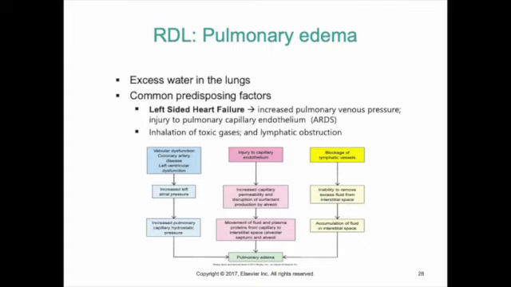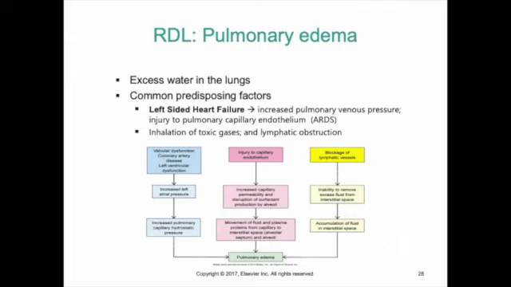We want to keep it dry, and it's kept dry by our lymphatic drainage and the balance among our capillary hydrostatic pressure, our capillary oncotic pressure, and capillary permeability itself. Additionally, we have surfactant that lines the alveoli, which repels water. It keeps the alveoli open, but it also keeps fluid from entering the alveoli. So it is a water repellent.